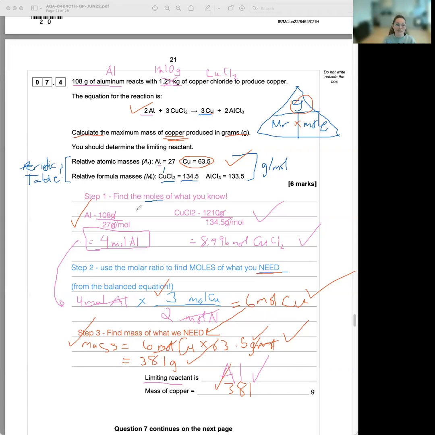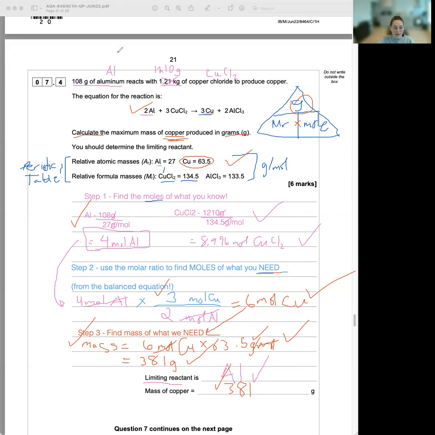Or it can be 6 marks for finding the moles, determining the one that's smaller for limiting reactant, and then step 2, 3, and a right answer. Find moles, that's 2 because you do it twice, then limiting reactant, and then step 2, 3, and right answer. There's your 6 marks.